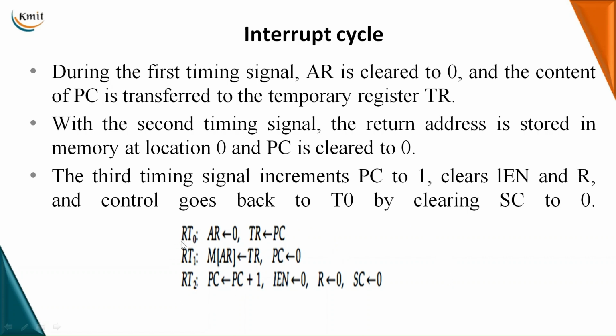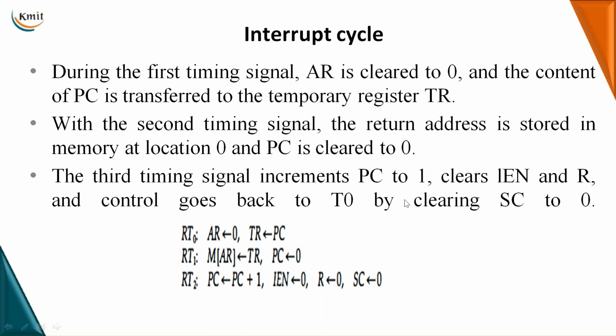The interrupt cycle is represented by R. So at the timing signals in the interrupt cycle, what happens? At the first timing signal T0, the address register is cleared to 0, because at the 0th location of the memory we have to place the value of PC, whatever is pointed to by PC.